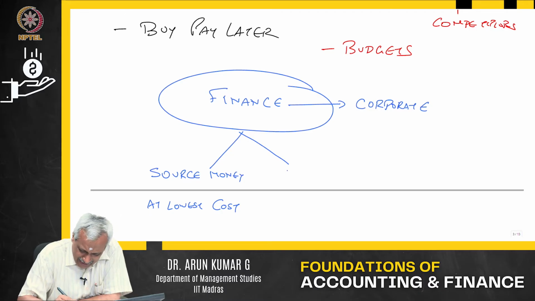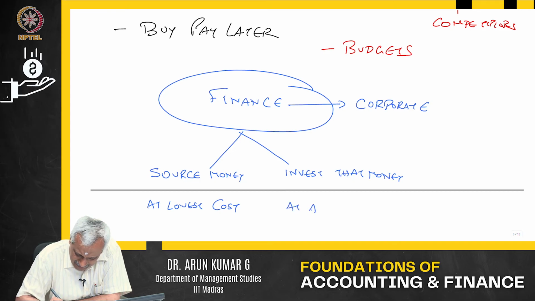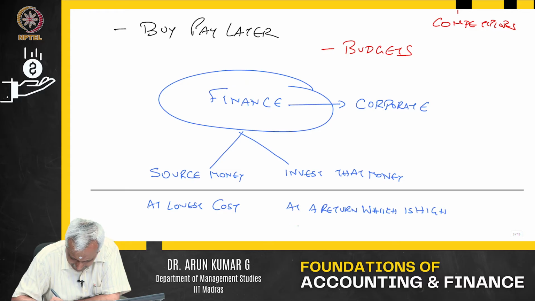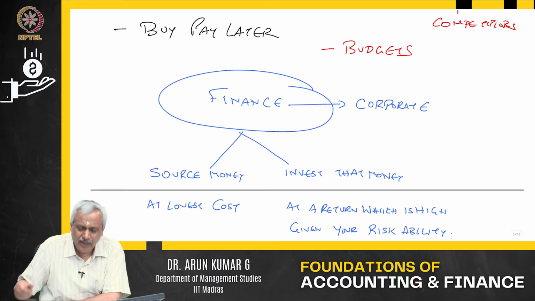Second, invest that money at a return which is high, given your risk appetite. I use risk ability.